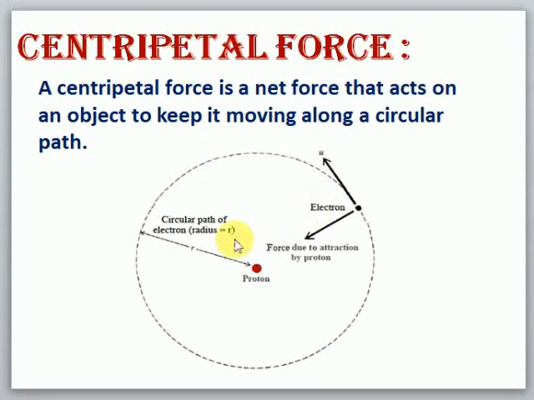Definitely it is the nucleus of the atom which will provide this force. As you know, the nucleus contains protons, and protons have positive charge, electrons have negative charge, and opposite charges attract each other. So this nucleus will attract the electron, and this attractive force of nucleus on the electron will compel the electron to move in circular path. Okay, so this centripetal force for the electron is provided by the nucleus of the atom. I hope it's clear to all of you.